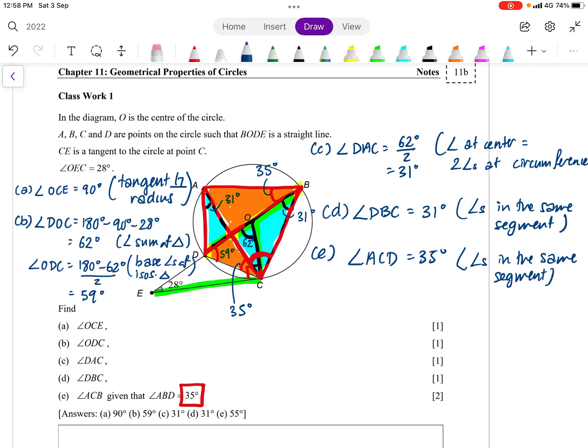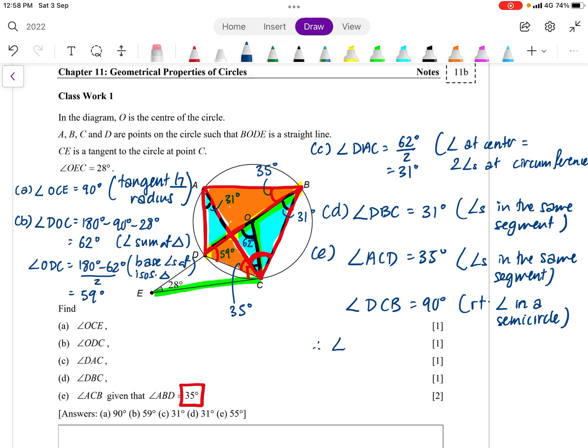After which I will use 90 degrees, which is DCB, to take away that. Angle DCB is 90 degrees. I've not used this. This is a right angle in a semicircle. That's why it is 2 marks.